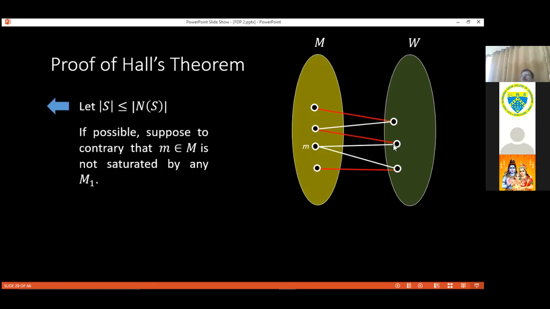If it is not a matched edge, don't go. Matched edge, go. If it is not matched, leave that. Finally, you collect all those which are reachable from this vertex and all those reachable from this M.